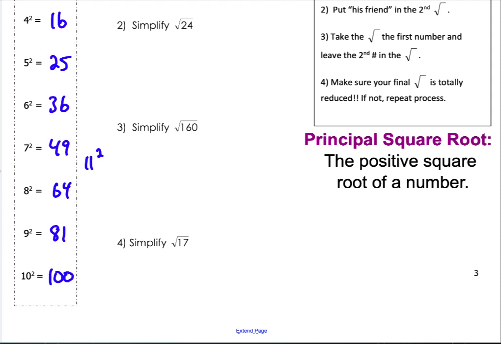And let's even add in the next couple. 11 squared is 121, 12 squared is 144, 13 squared is 169. The better you know those perfect squares, the easier this next part is going to go for us.